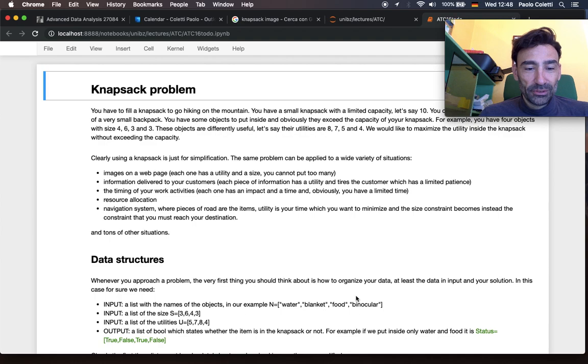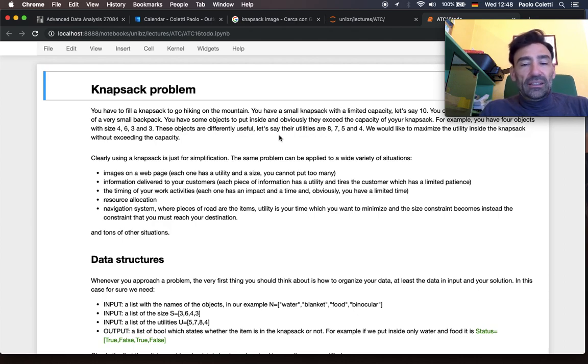Well, it depends on what you have to do. Utility 5, 7, the blanket is the most useful at the end. 8, the food, you're going to starve. Binocular 4. Obviously you would like to maximize your utility, but you have a constraint on the size. The size cannot exceed the capacity of your knapsack.